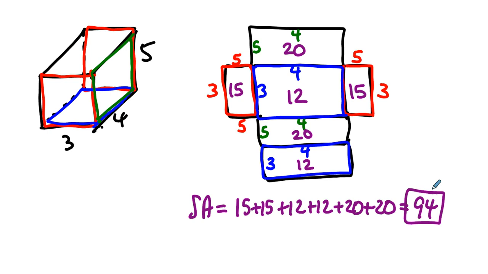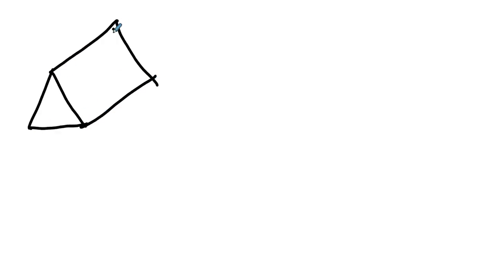Every prism can be decomposed in this way. You get a bunch of rectangles, and then you get the bases on either side, and we figure out the areas of each of the faces, add them together. So pause for a moment, and let's try this. This is a triangular prism, right?